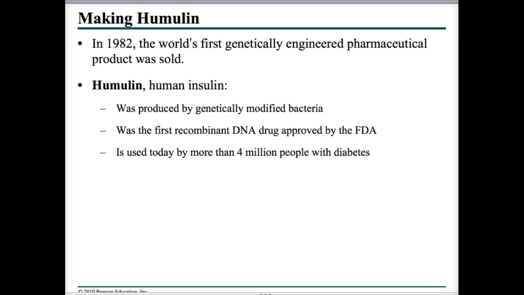You can't tell the difference if it's coming from a bacteria or a human. This absolutely has changed the world, especially for people who have type 1 diabetes. So today, these people are able to get human insulin, not equine, not bovine insulin, but human insulin. It's still a little bit expensive, but definitely more affordable for people to have.